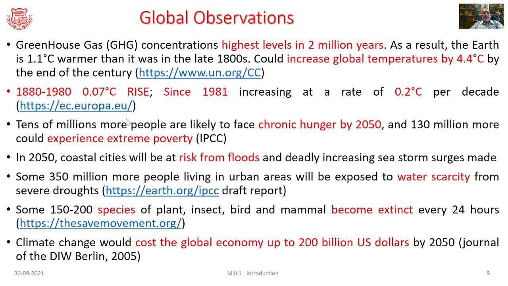According to certain studies made by the Intergovernmental Panel on Climate Change, it is quite probable that tens of millions more people are likely to face chronic hunger by 2050, and 130 million more could experience extreme poverty.